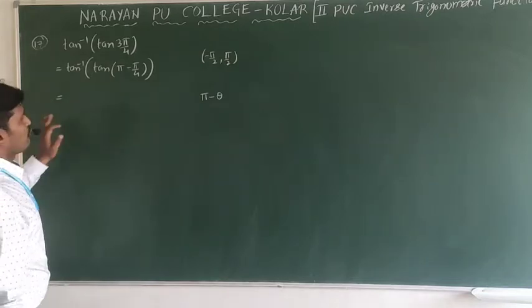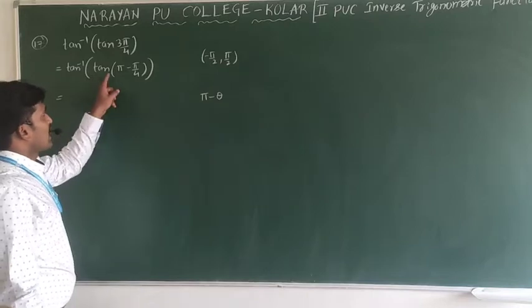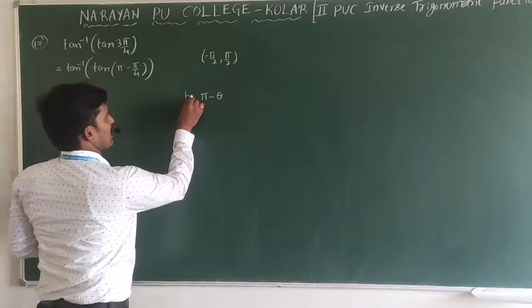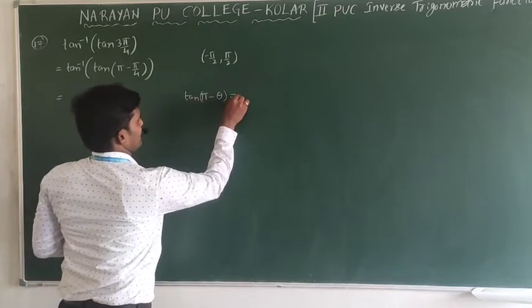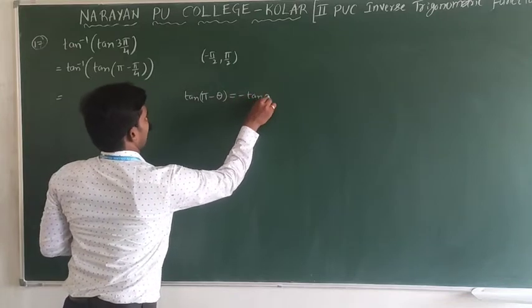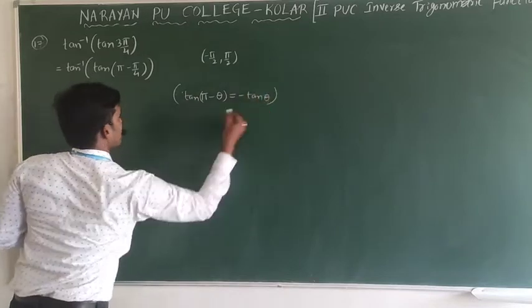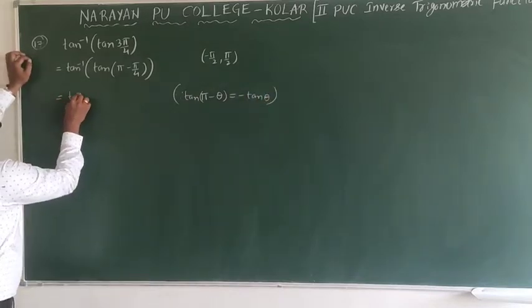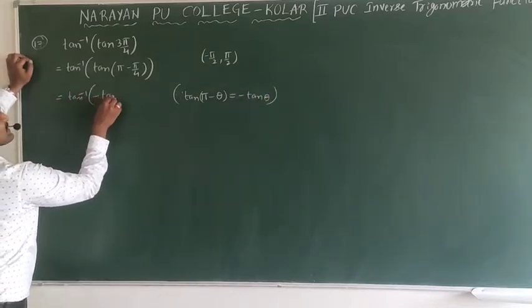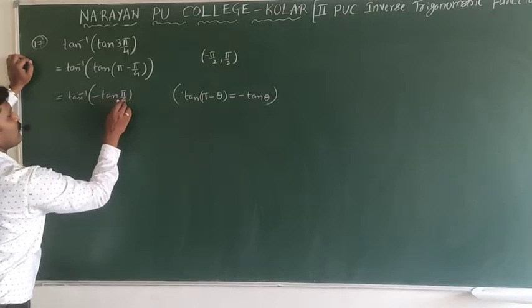For this, what formula do we have here? Tan pi minus theta, what is the formula? Tan 180 minus theta is minus tan theta. Now your tan inverse of minus tan pi by 4.